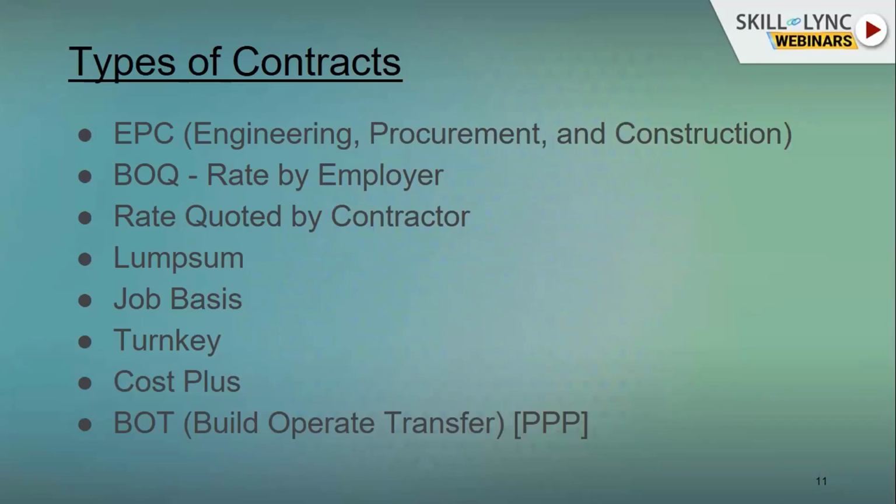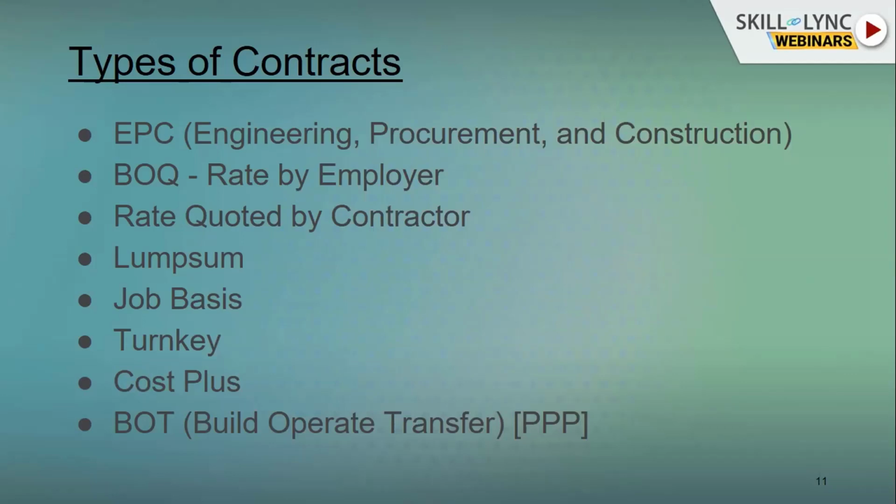The fourth one is the lump sum basis. Lump sum contracts are similar to an EPC, but not engineering and procurement. It's just a requirement given to the contractor, and the contractor will work on a lump sum amount only pertaining to that requirement.